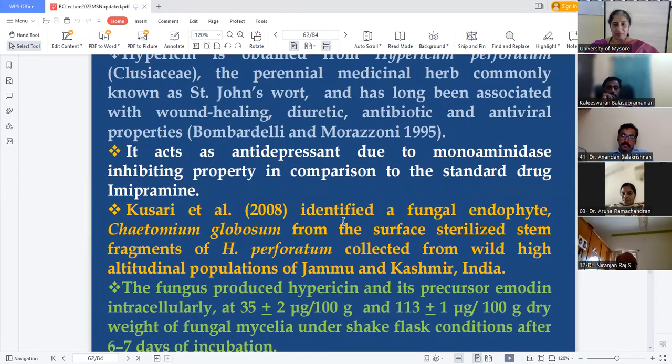Many books have been written, and it's been used even at university levels as research grants to obtain projects on endophytes. So there is a fungal endophyte, Chaetomium globosum, which has been collected from the Hypericum perforatum plant growing wild along the Jammu and Kashmir regions of India.